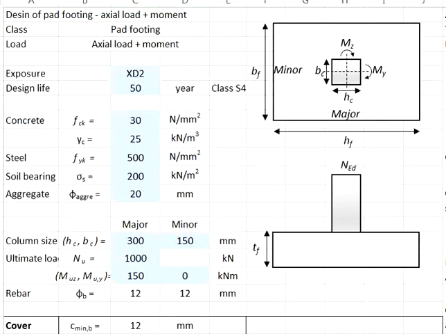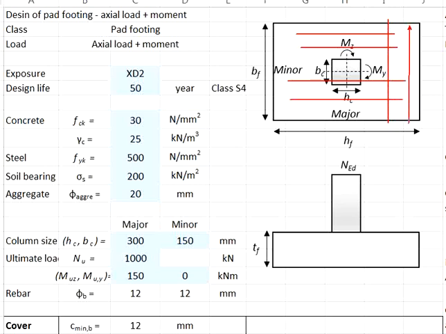Let's say now this is your rectangular pad footing. Your effective area at this plane and the effective area at this plane are different. Designing the main reinforcement bar in the major axis, this side, your effective area will be this.